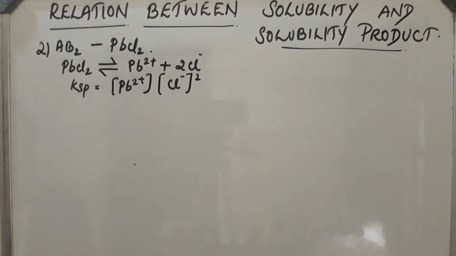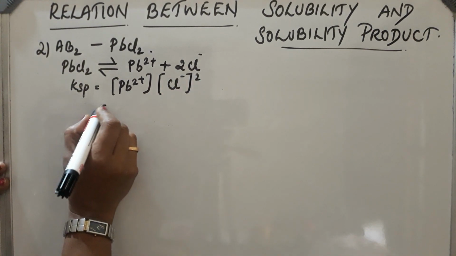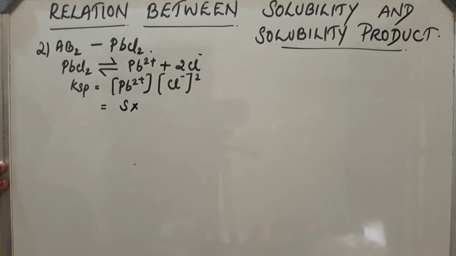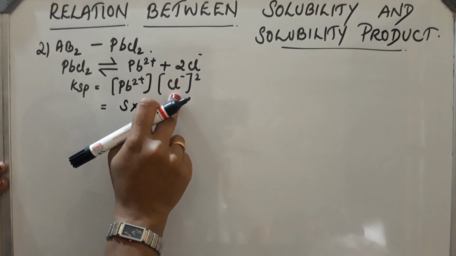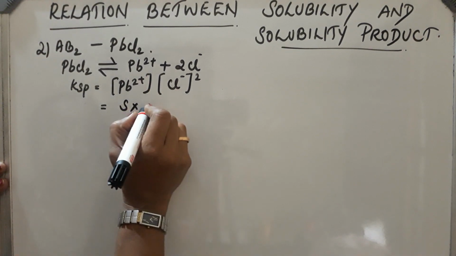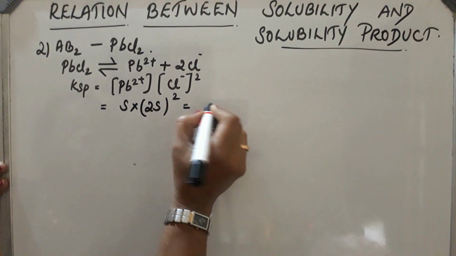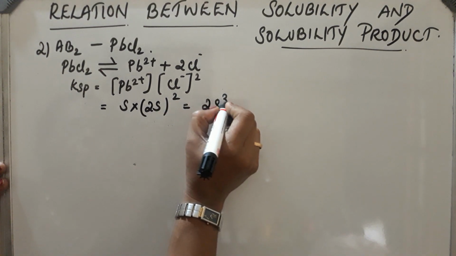Here the concentration of Pb2 plus is S, and for 1 Pb2 plus there are 2 Cl minus ions, so the concentration is 2S, whole square. This is equal to 4S cube.